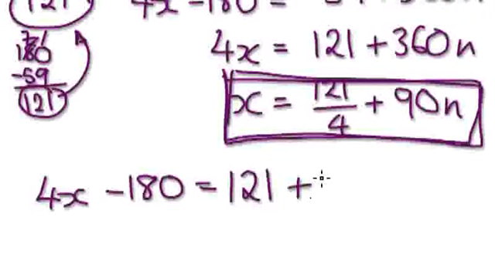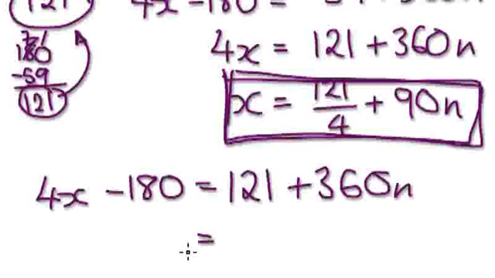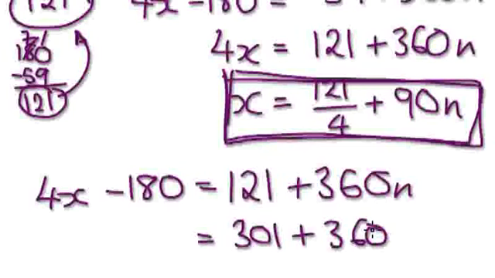Now it's just a matter of solving for x. So add 180 to both sides. So this will give me 301 here plus 360n.